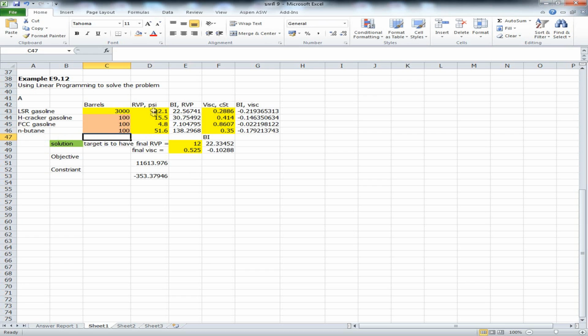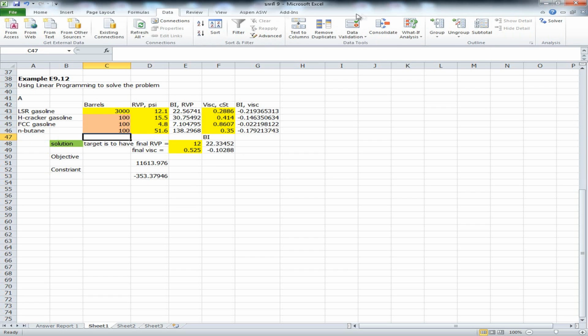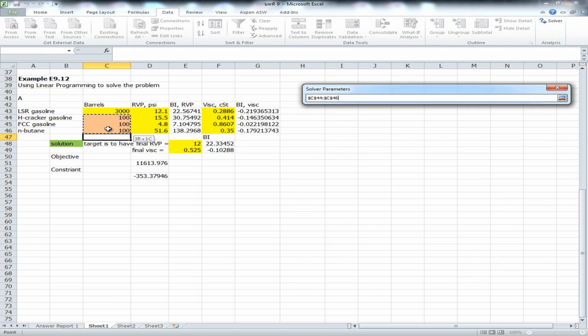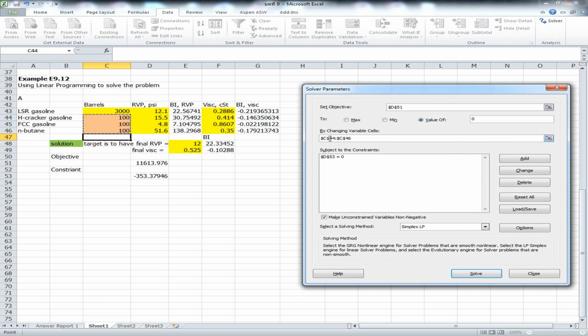Now we cannot use the two equations, two unknowns to solve this problem because we have x, y, z as the unknowns. We have three unknowns right now, but only two equations. So can we do the same thing here? Yes. But the changing cells now go from 44 to 46. And then we do the evaluation.